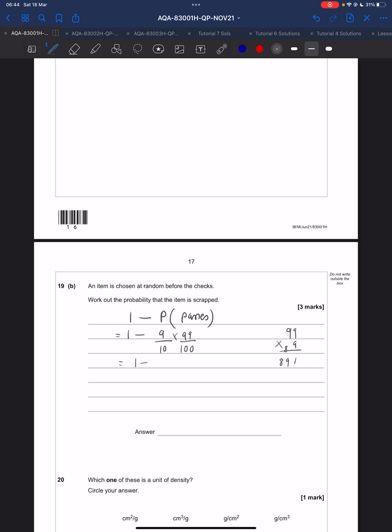So it's 1 minus 891 out of 1,000. Because 10 times 100 is 1,000. I'm pausing because I'm checking as I'm talking and thinking. So it's 109 there. Thinking 0.109.